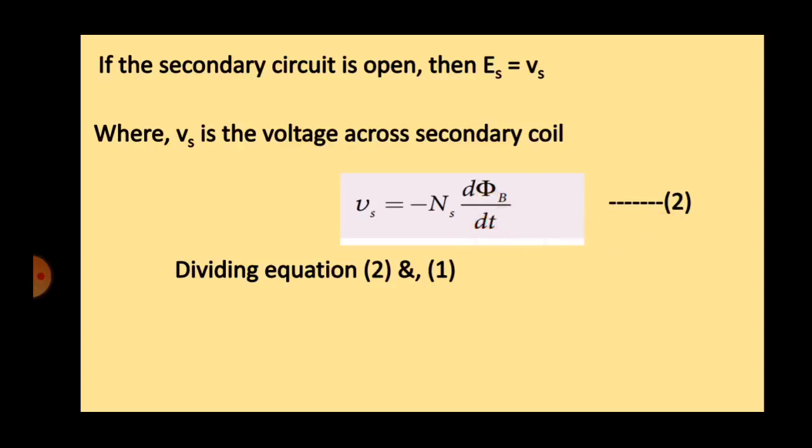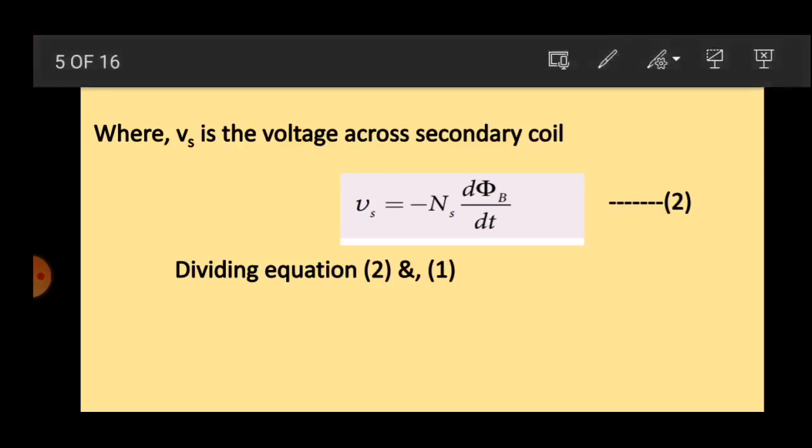Now dividing equation 2 by equation 1, Vs divided by Vp is equal to Ns divided by Np.